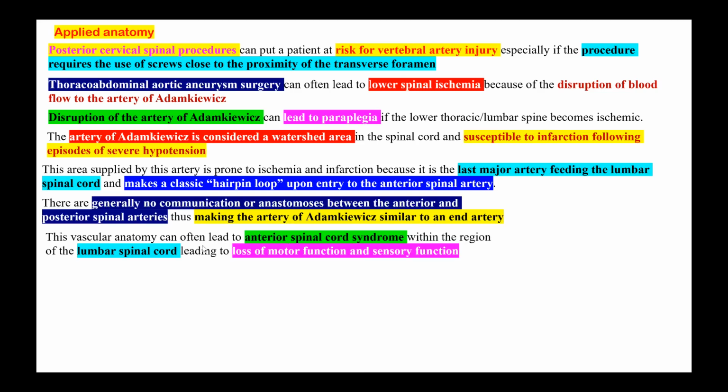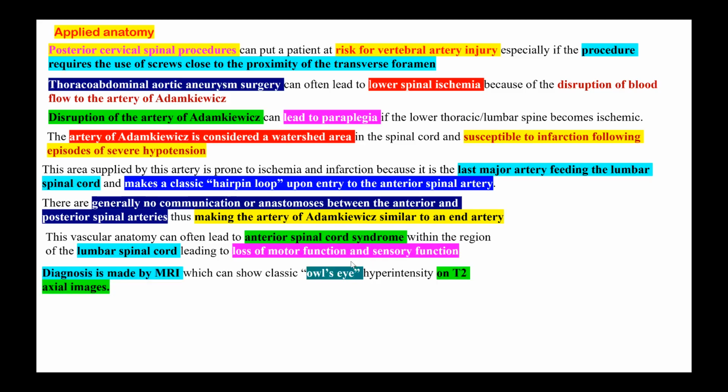And this vascular anatomy can often lead to anterior spinal artery syndrome in the region of the lumbar spinal cord, which can result in loss of motor function and sensation, because it supplies the motor and sensory tracts. The diagnosis of this ischemia is usually made by MRI, which shows what is called the owl eye sign, with hyperintensity on T2 weighted images.